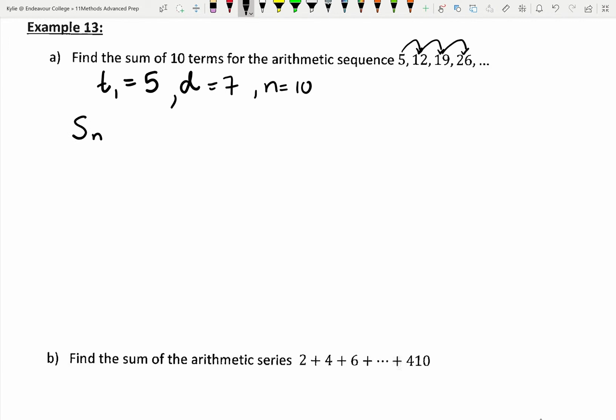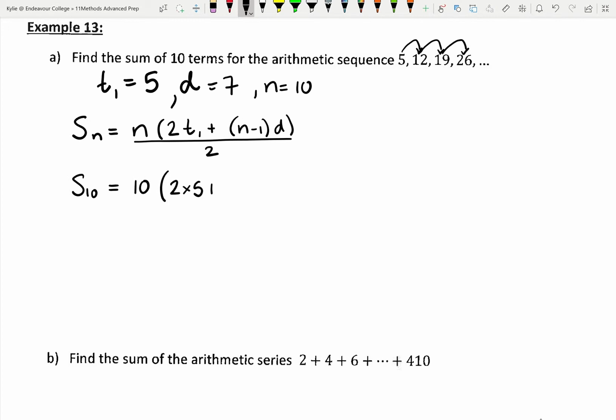So S_n is n outside of 2 lots of T1 plus n minus 1 lots of D, all divided by 2. Then we sub in our values. So S10 is 10 outside of 2 lots of 5 plus 10 minus 1 lots of 7, divided by 2.